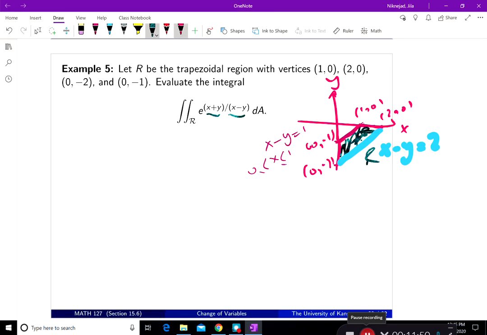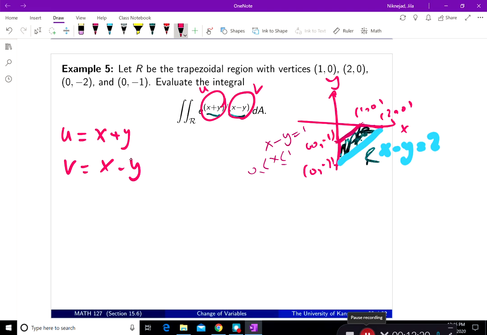So the first thing that comes to mind is, let's say if I make this a variable u and make this one a variable v, would that help me a little bit? We're saying u is equal to x plus y and v is equal to x minus y.